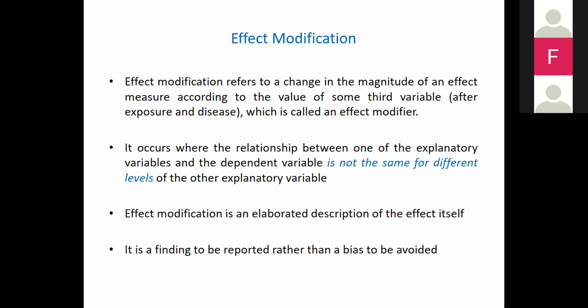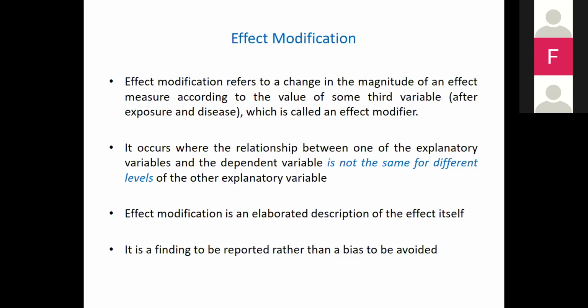The relationship will be different for the two age groups if age is a modifier. What it means is that the effect will be different for those less than 50, and different for those more than 50.